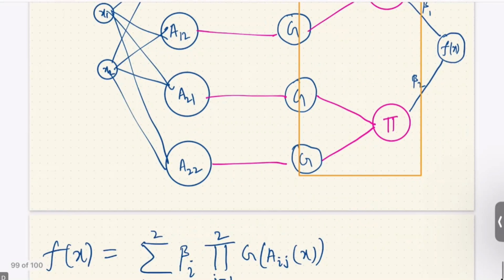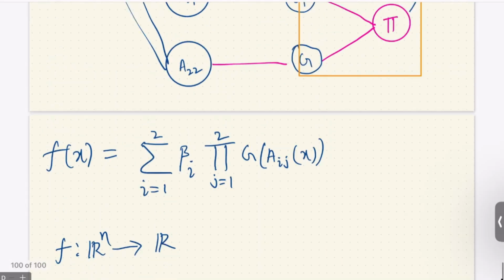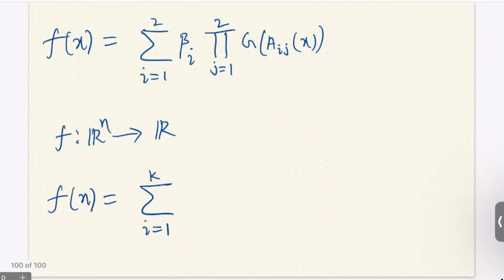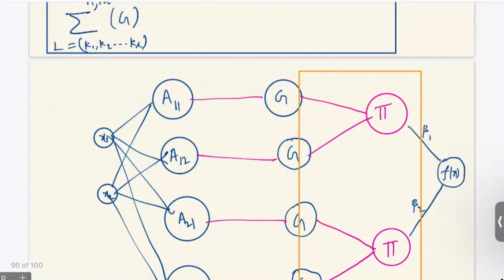We don't know that number, so let's use the symbol k. There are k groups, and for every one there is a beta. And now the product varies over j equal to 1 to, for every i, we have different groups.